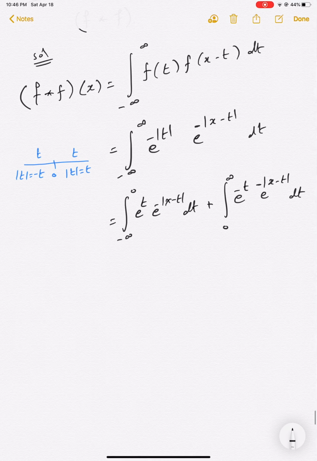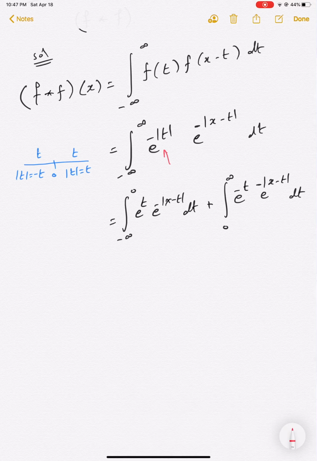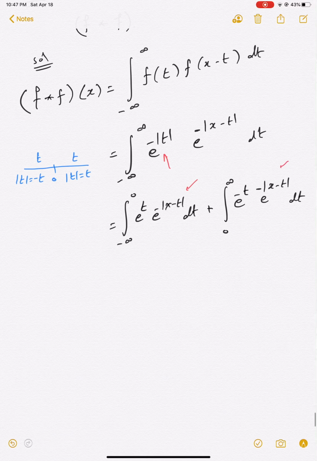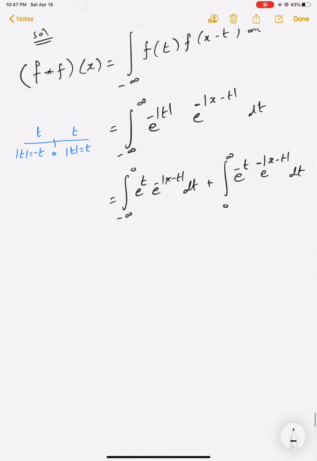So now we need to get rid of the other absolute value. For e to the minus absolute value of t, in the first integral, we got rid of the absolute value. But now we need to get rid of these two absolute values. So how are we going to do that? It is very clear that getting rid of the absolute value depends on the comparison between x and t.